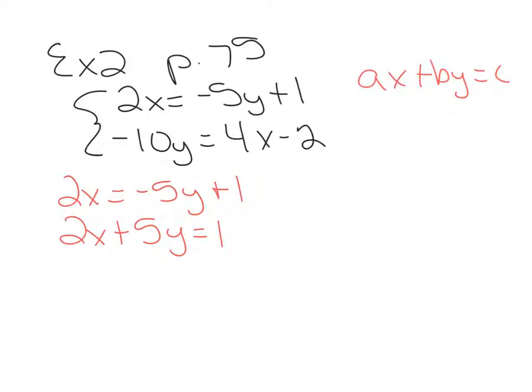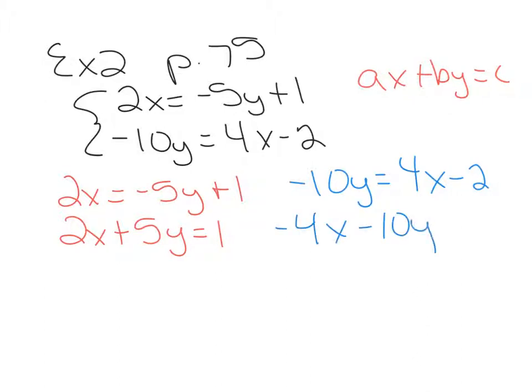The second equation says negative 10y equals 4x minus 2. To get it in standard form, the x and the y term both need to be on the left, so this x term needs to go way over here in front of the y term. And when I move it over there, it's going to become a negative 4x. So that'll be negative 4x minus 10y equals negative 2. And now these are my two equations.